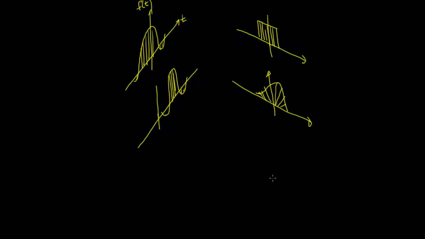So if we had a function of frequency F(jω) and it was delayed by some value ω₀, so we put in F(j(ω − ω₀)), then in the time domain that would be equivalent to taking the signal f(t) and adding a phase into it of e to the plus jω₀t.